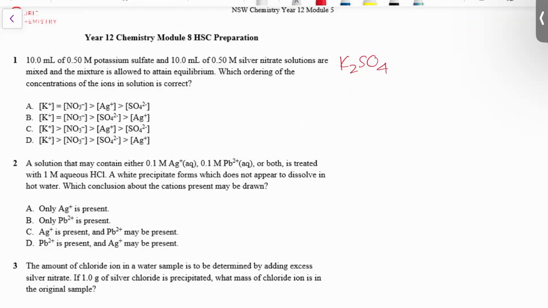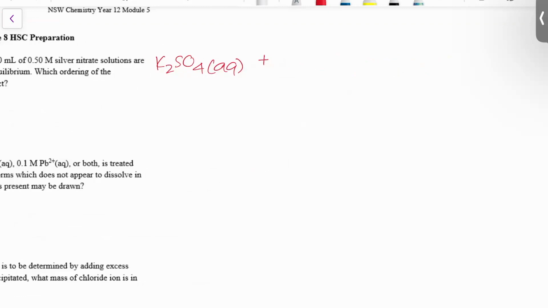Also, from your solubility rules, potassium sulfate is soluble. So K2SO4 aqueous, and what's the formula for silver nitrate? AgNO3, also aqueous, because they told you it's a solution anyway.